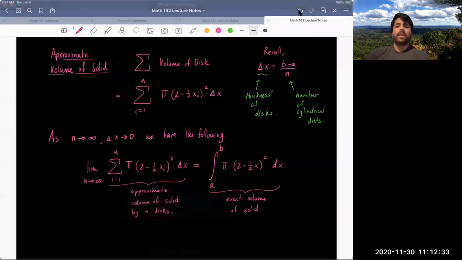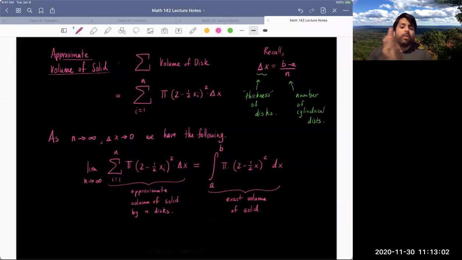Do you guys see the connection? What I'm trying to establish is the connection to what we've done in the beginning of the semester. In the beginning of the semester, this idea of integration was introduced because we were trying to figure out the area underneath the curve. Now we're taking that one step further, taking this concept of volume and extending it.